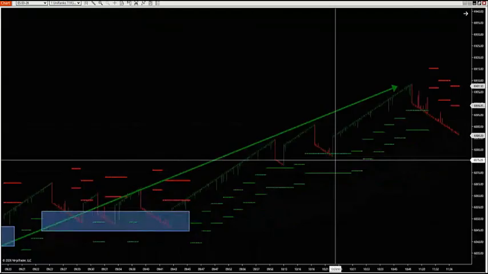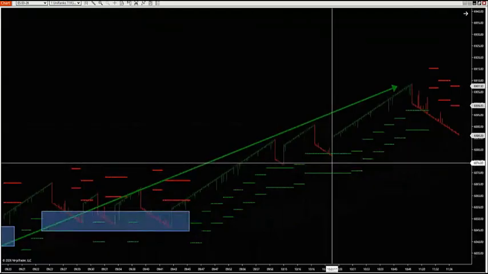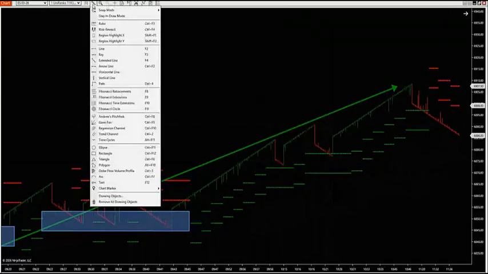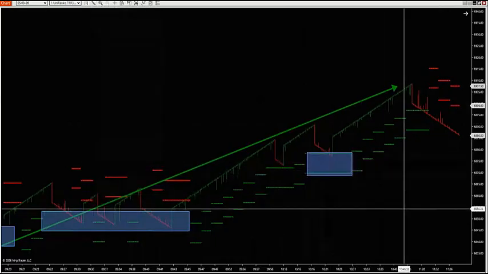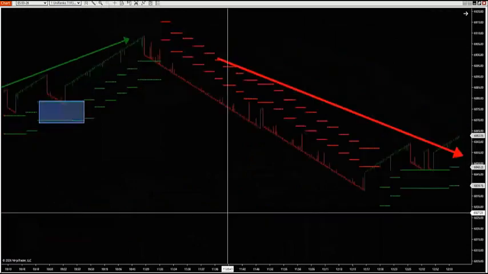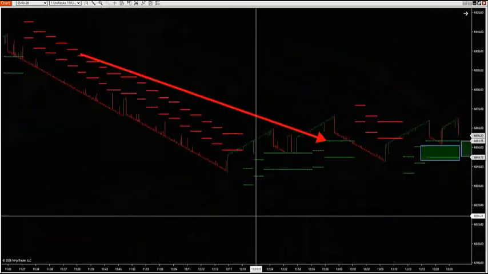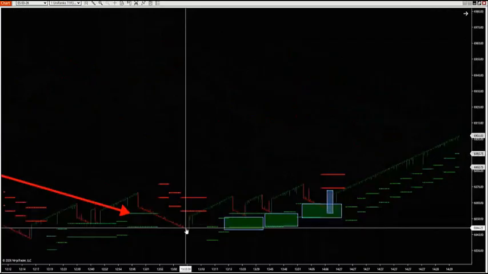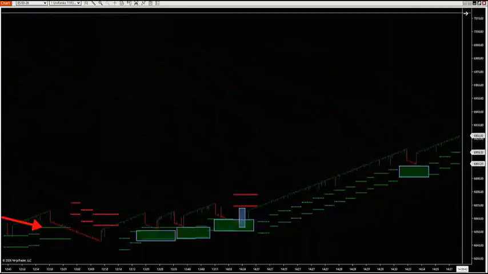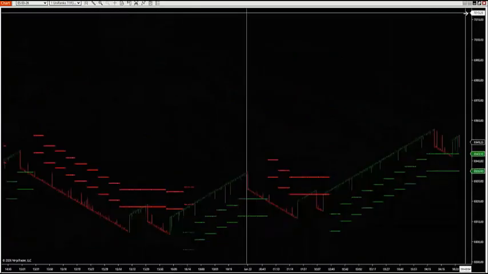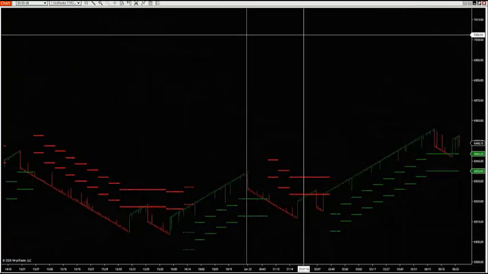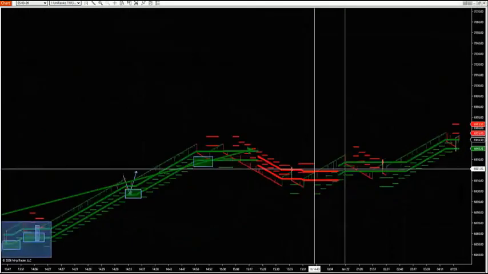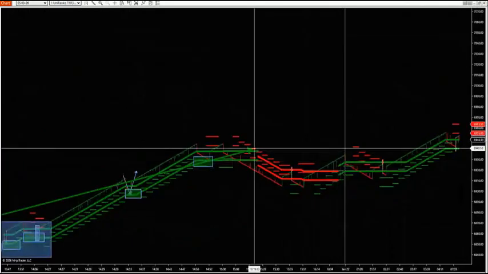Comes back down, misses the zone here, but catches right inside the zone again. And there we go. So you can see how these zones are very, very effective. That's what we want to do. We want to use these zones until they're broken with the overall trend to try to capture these moves.